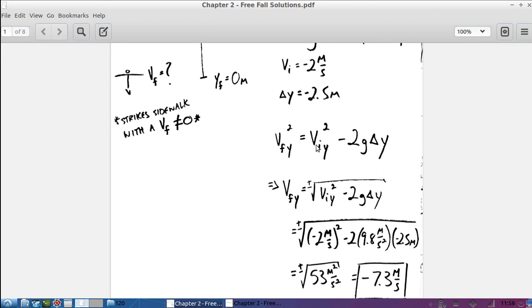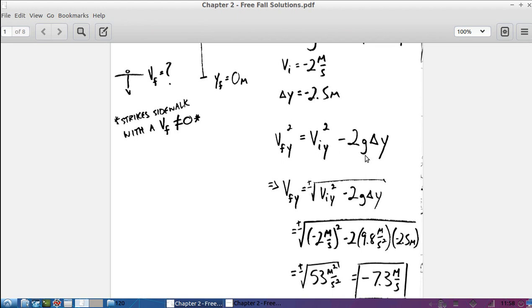So this is normally v initial squared y plus 2a delta x in our traditional kinematics equation. What I did was I replaced a with g because we're in free fall. And I took this plus sign and I made it a minus sign. Why did I do that? Again, this is my preference. I like to change this to a negative sign.